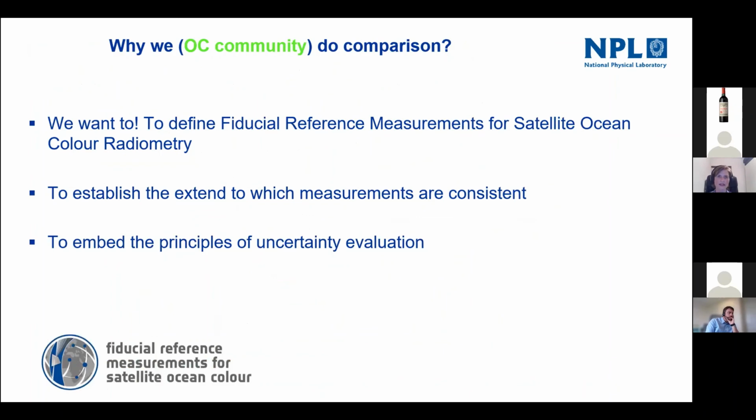And again, we work with various communities, and we encourage them to do those comparisons, as the NMIs do. So in the ocean color community, we defined something which is called Fiducial Reference Measurements for Satellite Ocean Color Radiometry. And we had several participants who wanted to participate in a comparison, as the NMIs do, to establish some sort of agreement between their measurements.